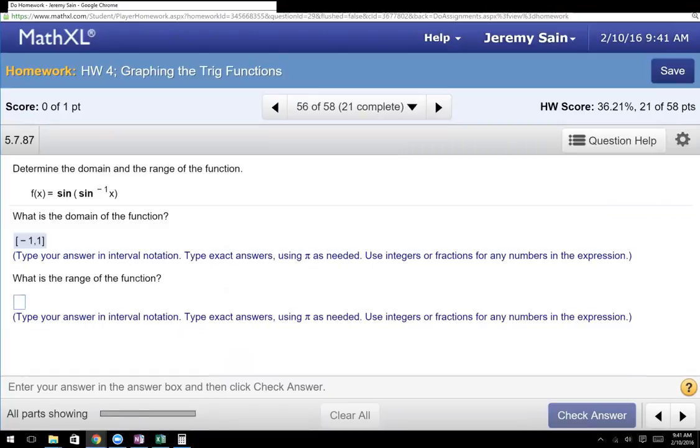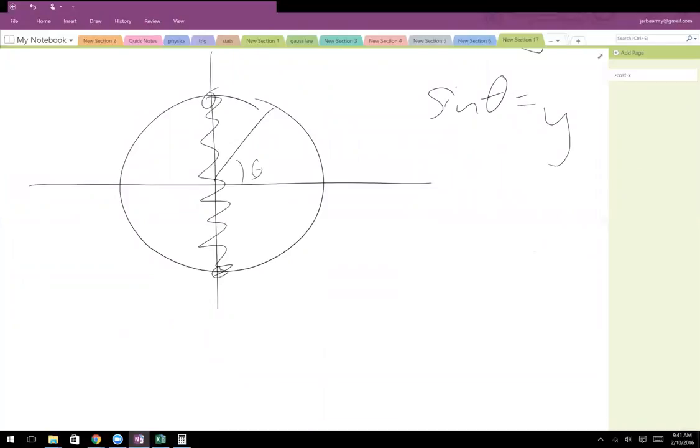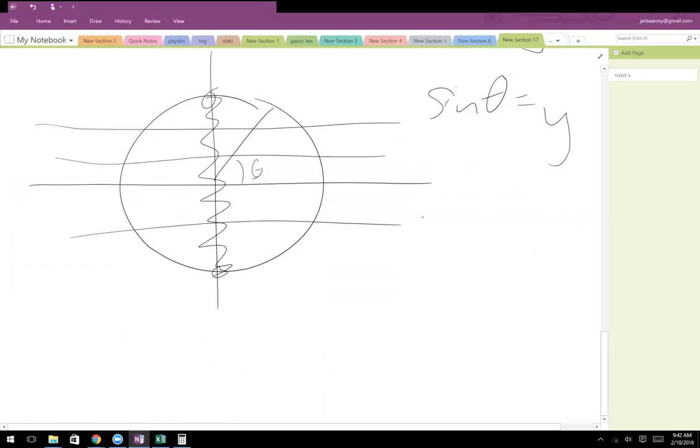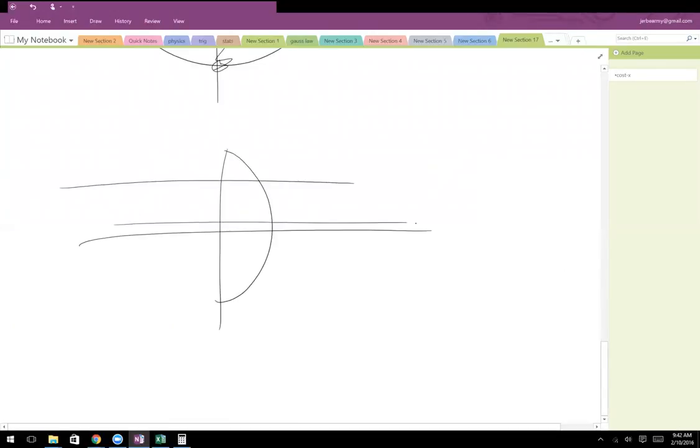Well, I take something in negative 1 to 1, I take the inverse sine, I get an angle. Let me pull up the picture again. To do inverse functions, you have to do that horizontal line test thing, which if I do horizontal lines, fails miserably. So to horizontal line test this, I get rid of half the circle. Now it works fine.